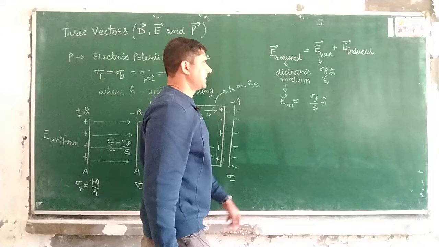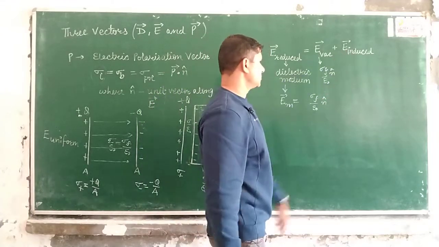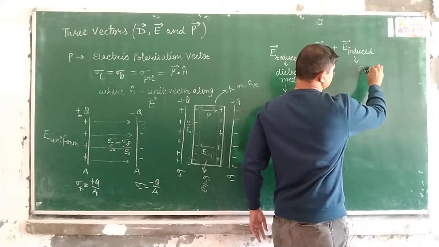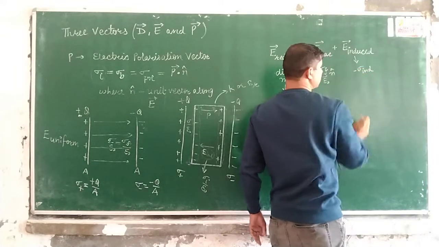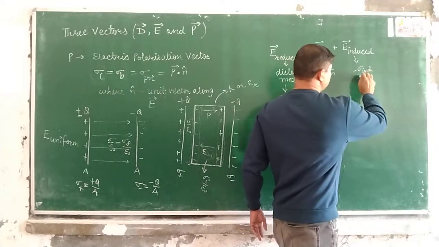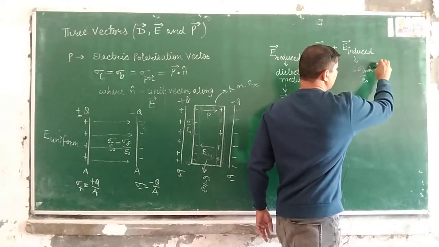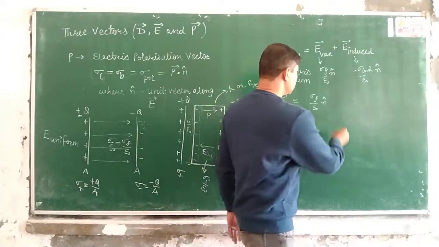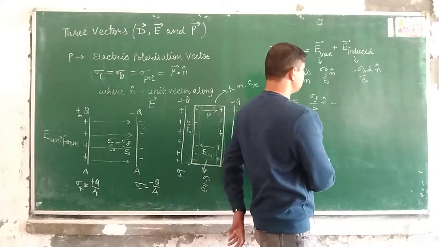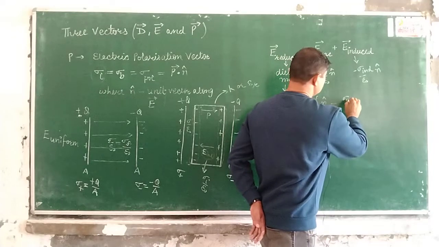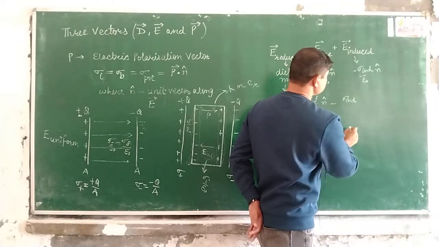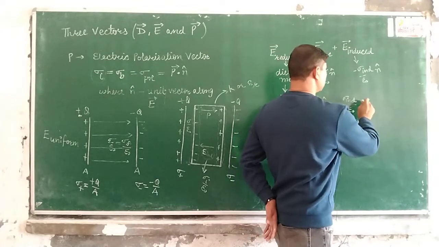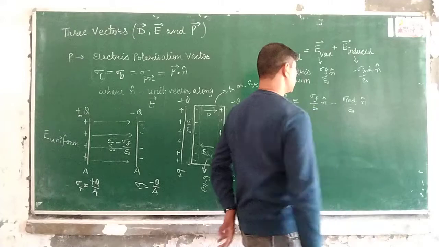Now sigma E induced, this is due to the induced charge density, and the induced charge density is negative, so its direction will be along minus n cap. So if you substitute it here, then you can write sigma induced by epsilon node, and then you have n cap.